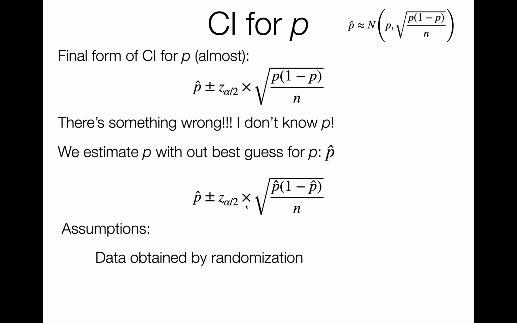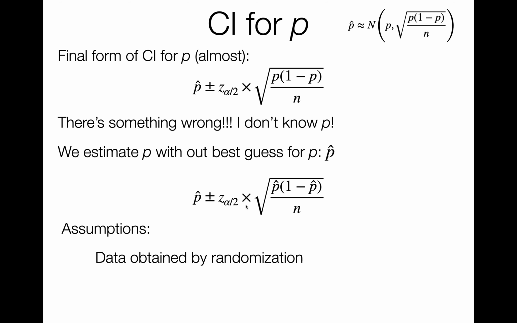And so the assumptions are, first, that the data was obtained by some sort of randomization technique that hopefully got us a random representative sample. This assumption is going to be met every time because I'm making up the questions, and I'll always put randomness in there. So you'll always just be able to check this assumption off. But I do want you to state it, that it is being checked off.